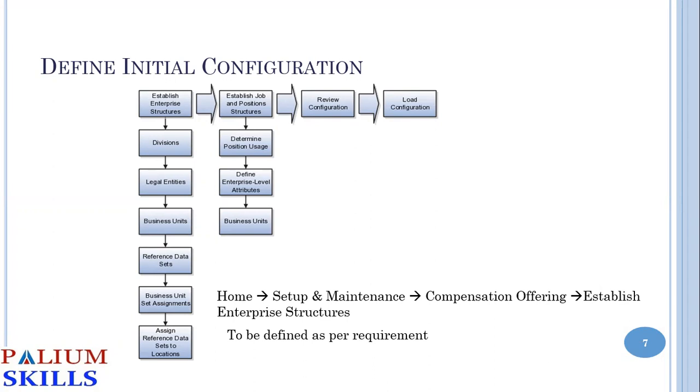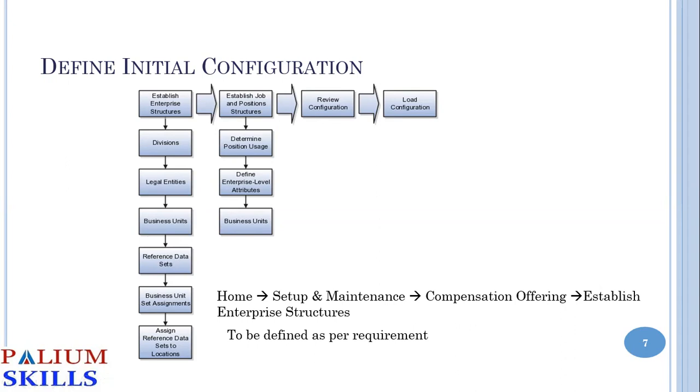Okay, so now let's say, for example, we are not defining position. As I said, a job is a set of responsibilities that the employee has to perform. Now, how do I define it? See, let's say for one job I have 5 positions, but I'm not defining the position. So how do I define the job?